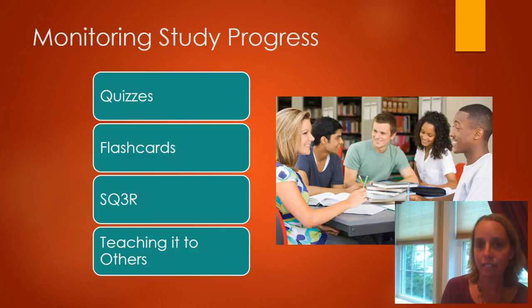Well, that recite, the second R, is an opportunity for students to assess, did I get what I just read or did I not get it? And when I go back over the review, that'll be the opportunity for me to know whether or not I captured that information accurately or not. And when we teach others, others will often ask us questions, and if we're able to confidently and accurately answer those questions, that makes it easier for us to know whether or not we're on the right track.